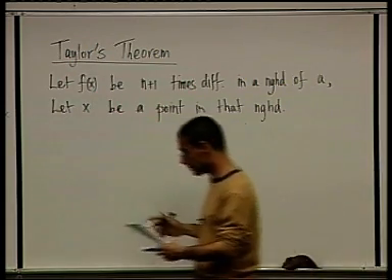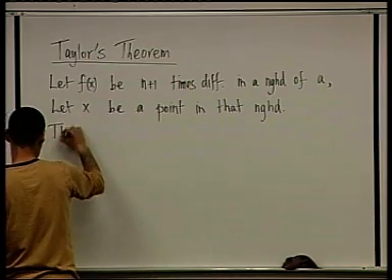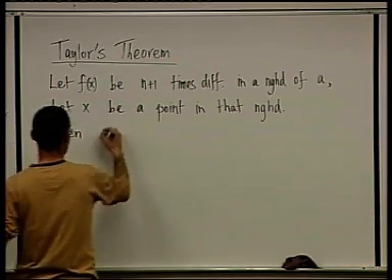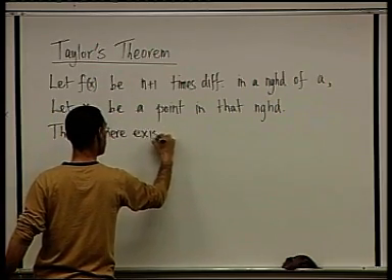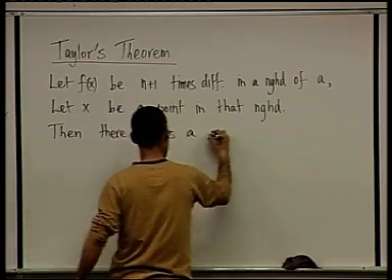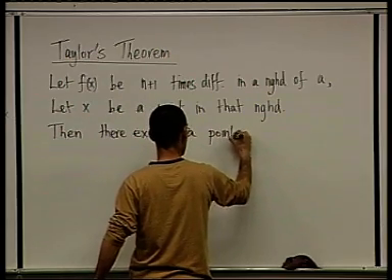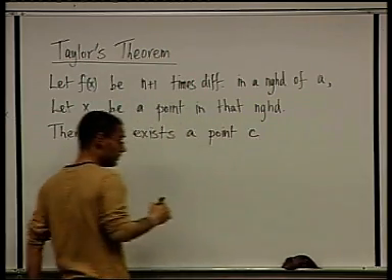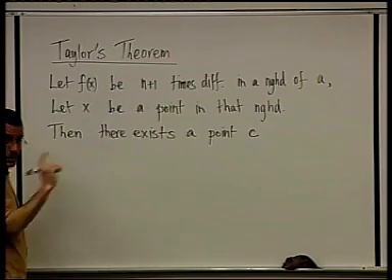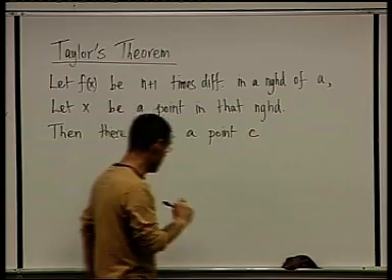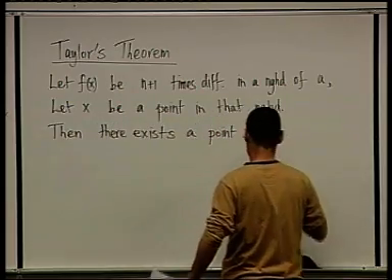Okay. Then there exists a point C. So we have a, we have x, we have C. I told you it's a mouthful, but we're going to decipher it carefully after we write it.